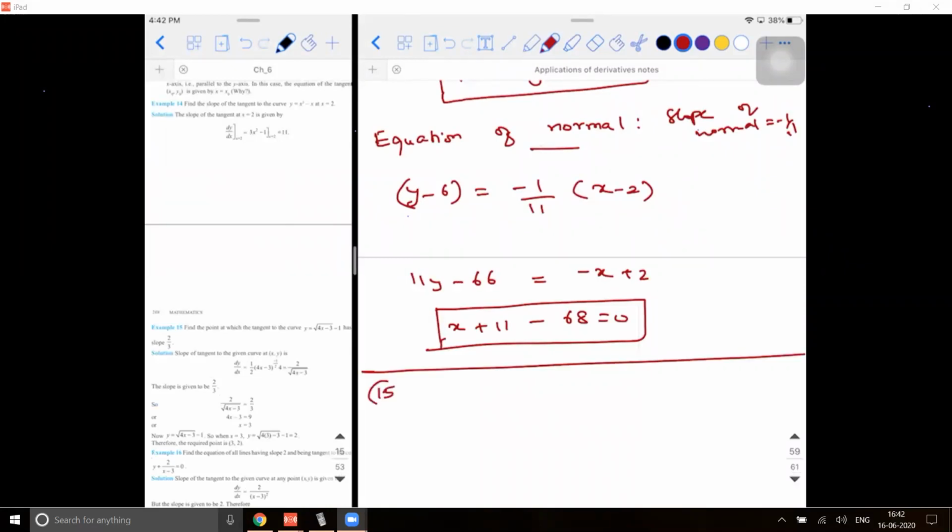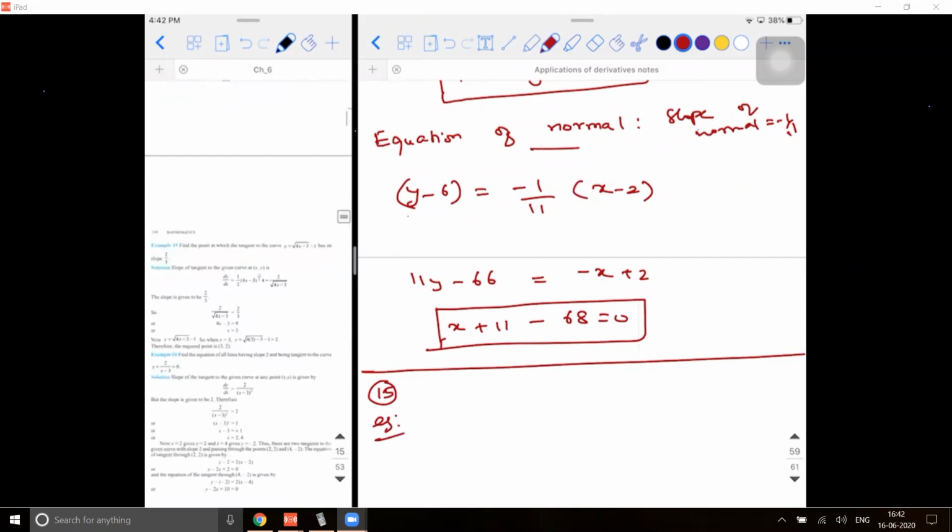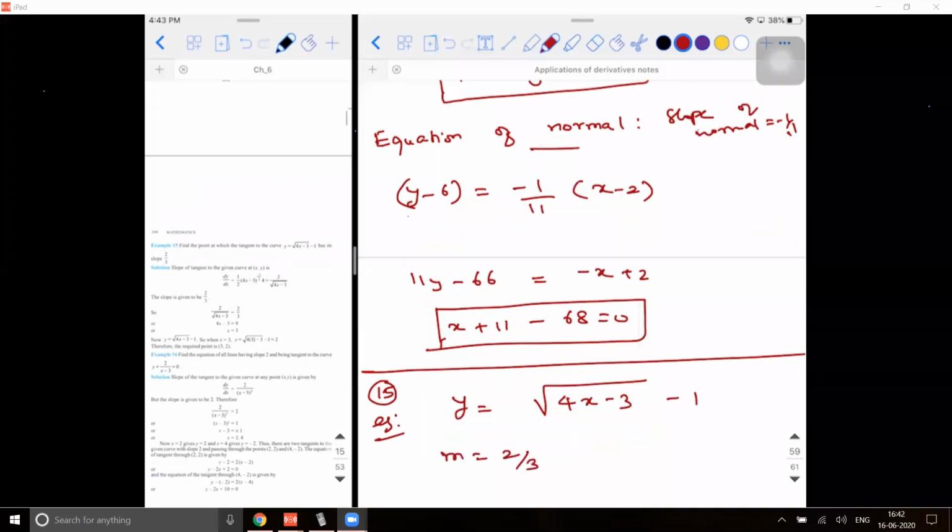Observe, example 15: find the point at which the tangent to the curve y is equal to root of 4x minus 3 minus 1 has a slope of 2 by 3. So the slope is given here. You need to find the point at which this condition would be arrived.